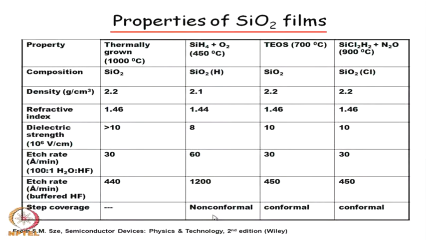Here you see that in silane oxygen reaction it is non-conformal, in TEOS and dichlorosilane it is conformal. So, during the reaction of silane with oxygen, rapid migration of the reactant molecules is not found, so it is non-conformal.